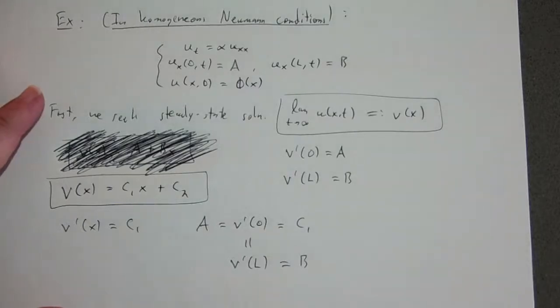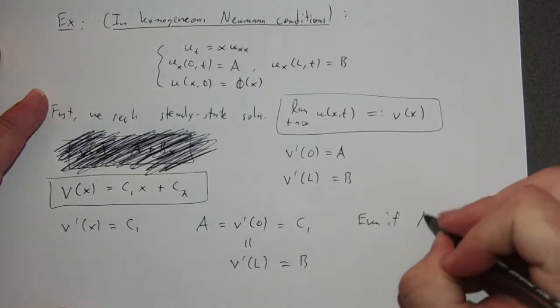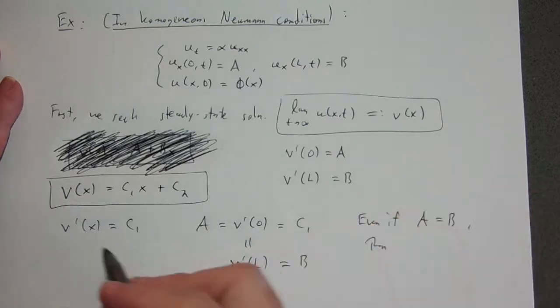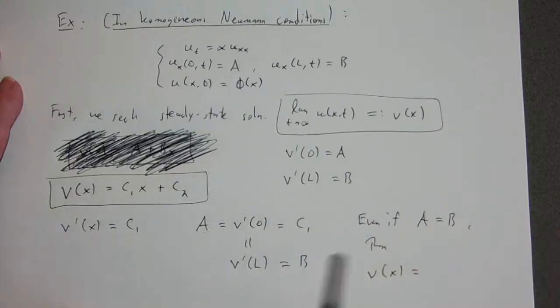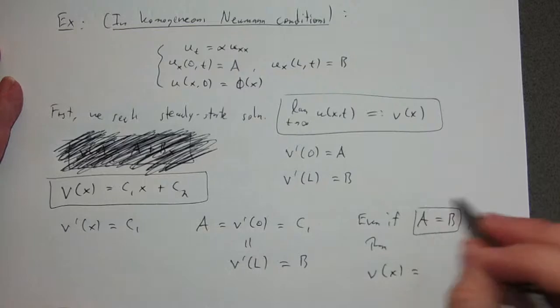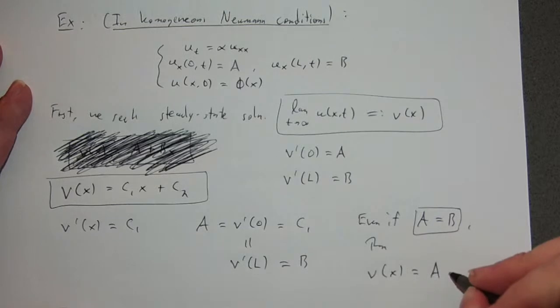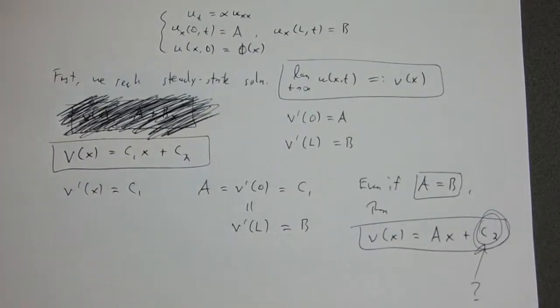But here's the problem. Even if A was equal to B, all that would tell us is that v of x would be, since A and B would have to be equal and also have to be C1, this constant here, A or B, whatever you want to write here, times x plus C2, and I don't know how to determine that constant.